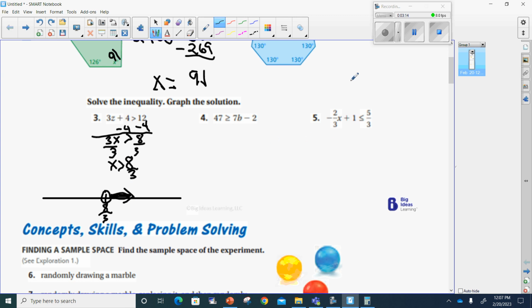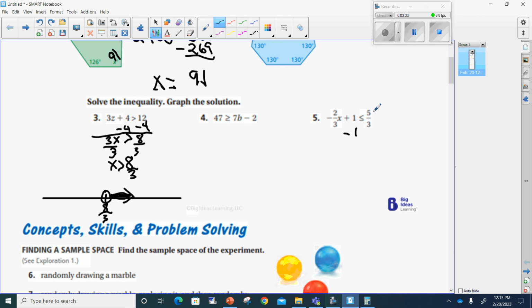Number 5, much the same way, except over here, I'm combining a whole number with a fraction. But it helps to remember that we're still dealing with numbers, right? So when I take this number and bring it over here, it's going to be negative 1.